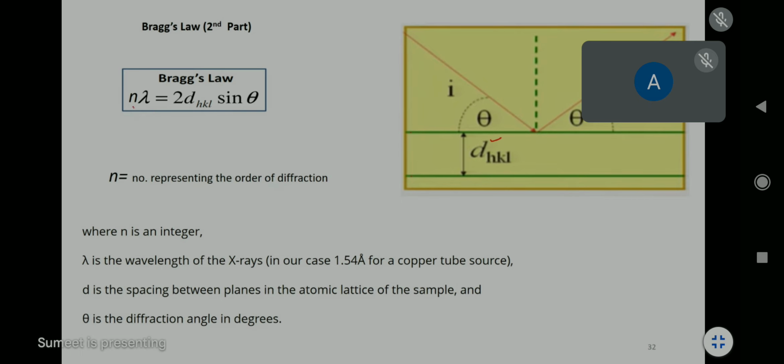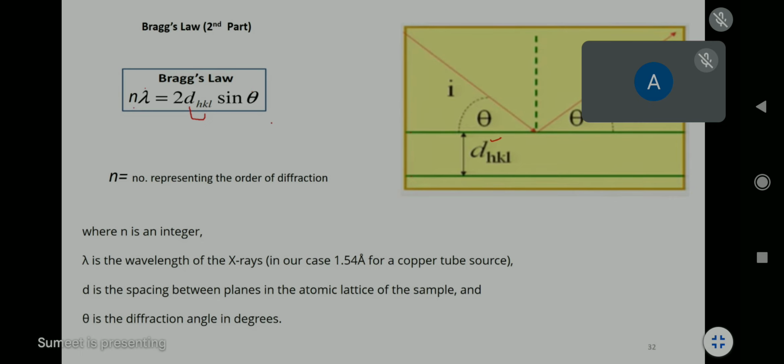We'll see what the order of diffraction is. Here lambda is the wavelength of X-rays, which is generally known to us. d_hkl is the distance between the planes, and theta is the angle of incidence.